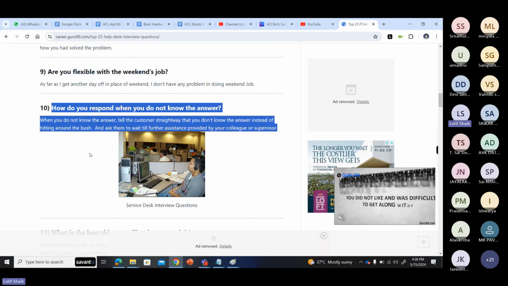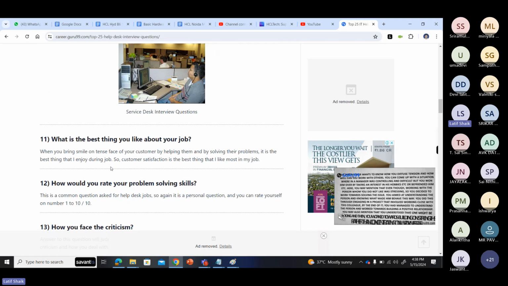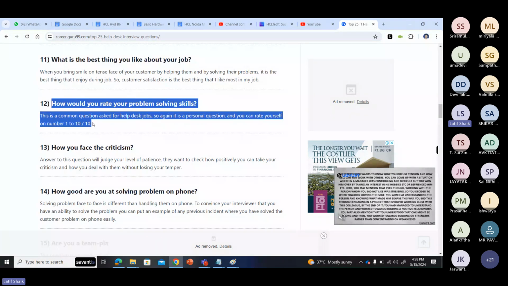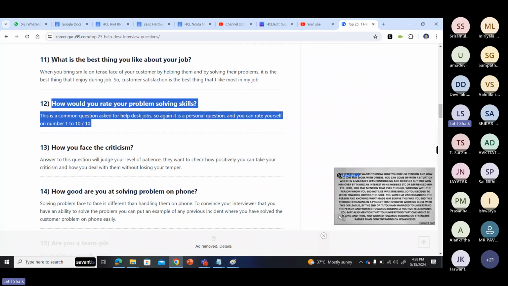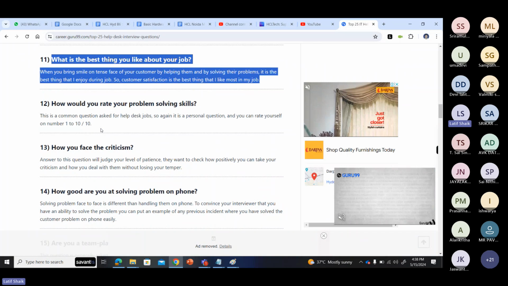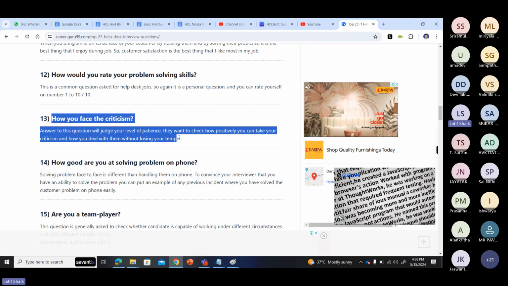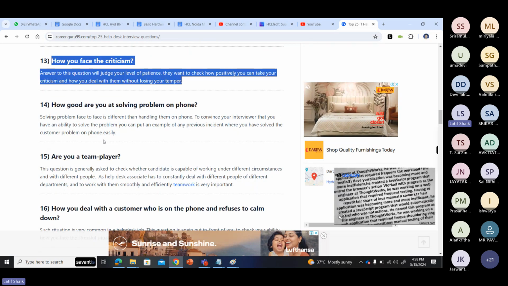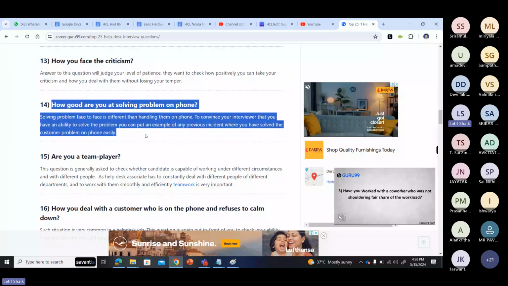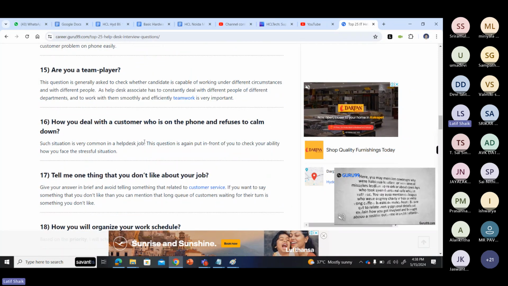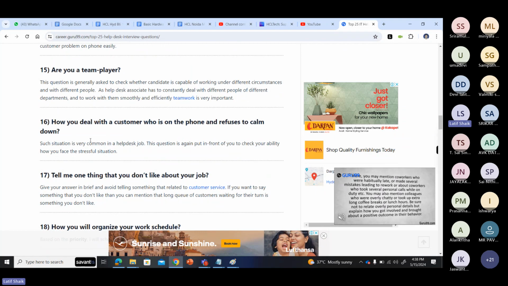These are general questions, not technical ones. How do you rate yourself on the technical solutions you can provide? Do you like your job? How do you face criticism? How good are you at solving problems on the phone? Are you a team player? How do you deal with a customer on the phone who refuses to calm down?